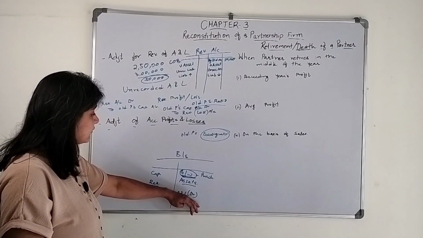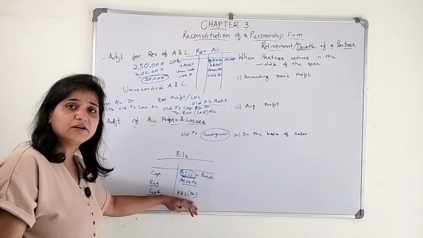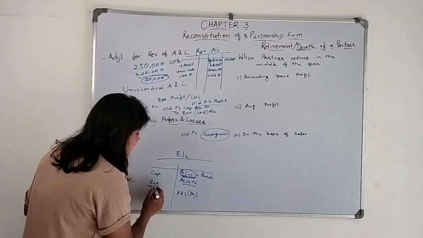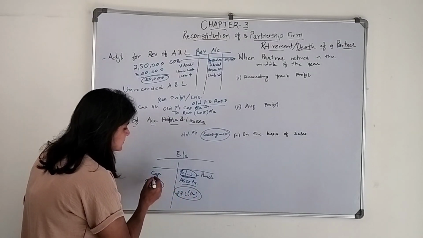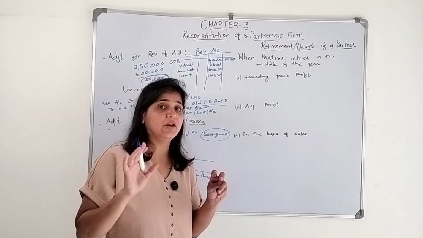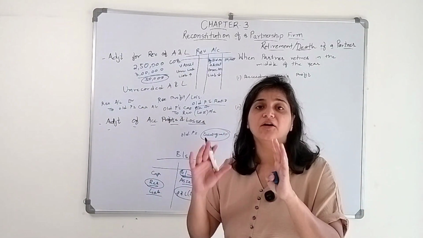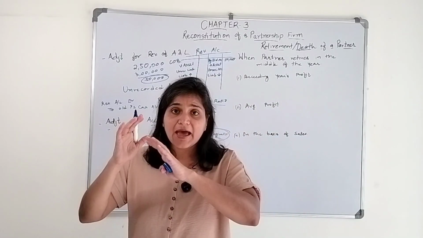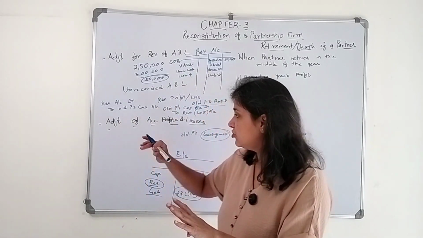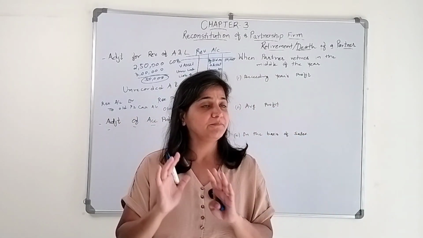So there are certain accumulated profits as well as certain accumulated losses. These accumulated profits and losses belong to whom? To the existing partners. So we need to close these accounts and distribute these accumulated profits and losses to all the 3 existing partners.